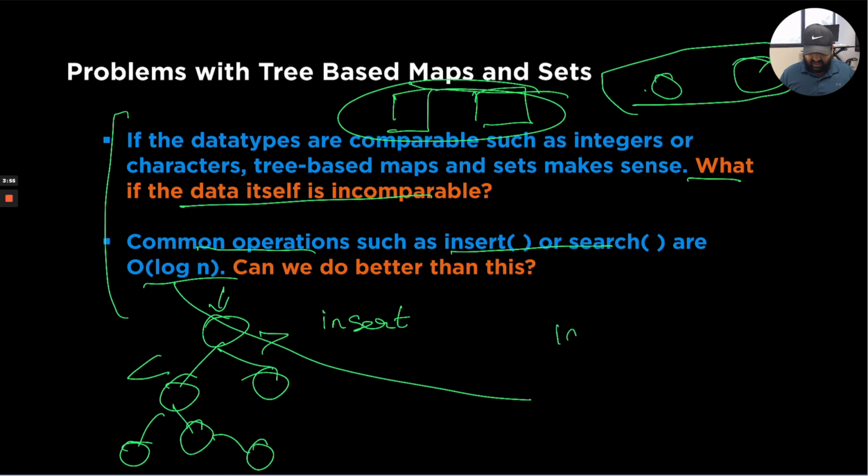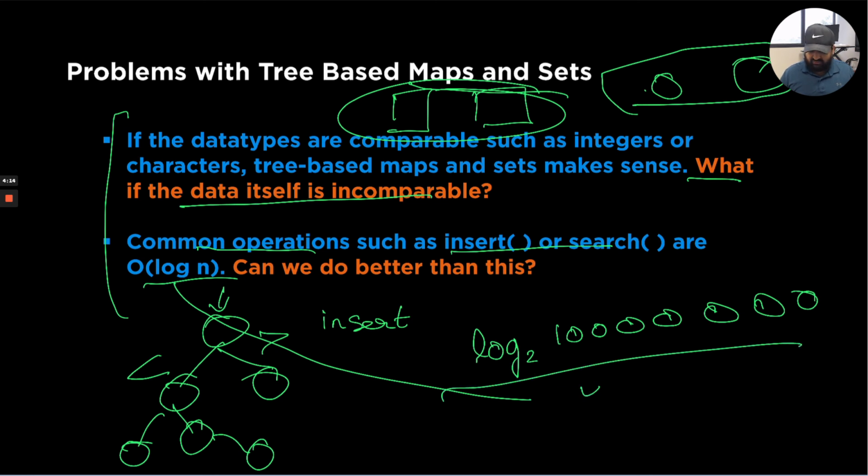Let's say I have a billion entries in my set or a map, and I were to look up a particular element. Log base 2 of this big number is still a very small number, maybe 30 or so.